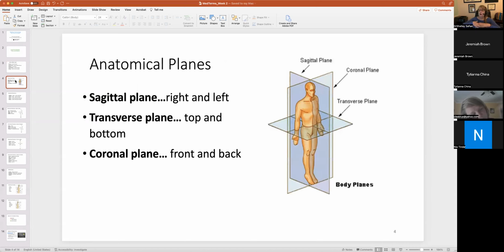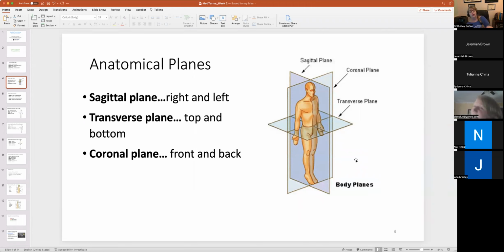So now we're going to look at the way theoretically the body is divided up. Okay. Not like the magicians, we don't saw people in half.